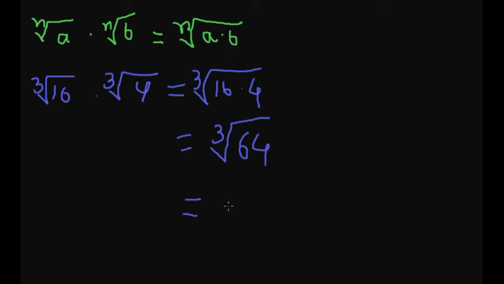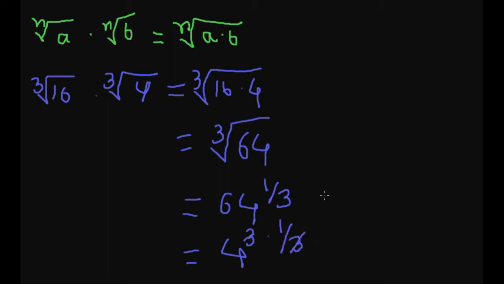As per the last video, we had seen the relationship between radical and rational exponent, we can write this as 64 to the power 1 by 3, and we know 64 is equal to 4 to the power 3, into 1 by 3.